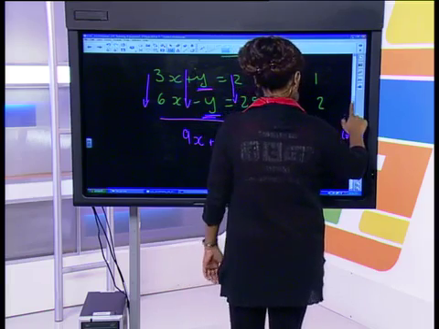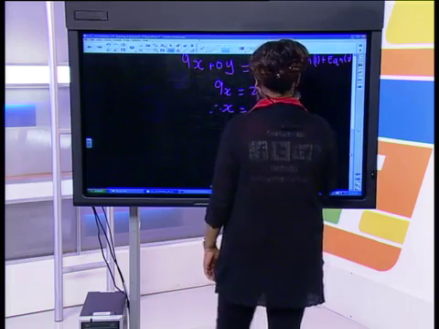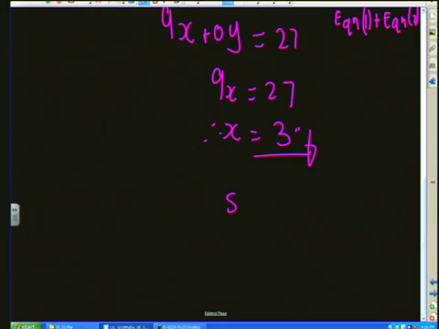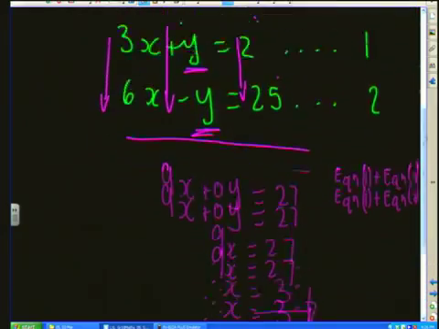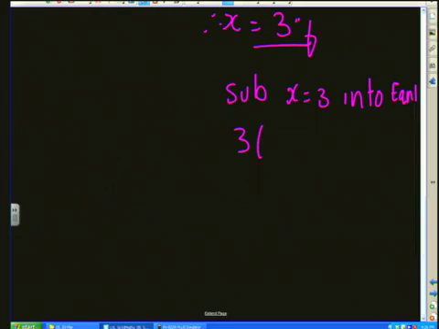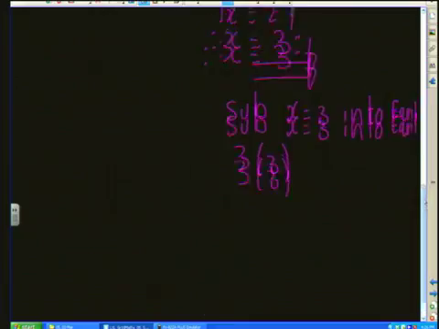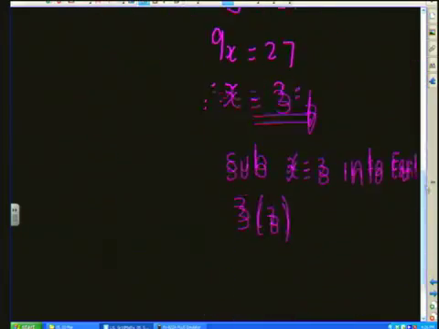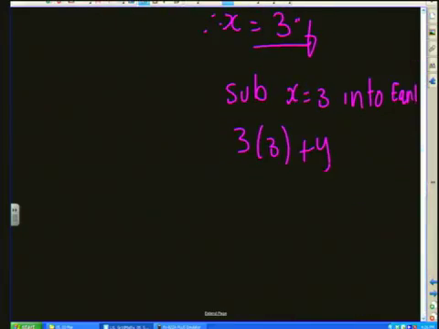I've got 3x plus y is 2. I'm going to substitute x is equal to 3 back into equation 1, right? So I replace the x with 3, so 3x plus y is equal to 2.